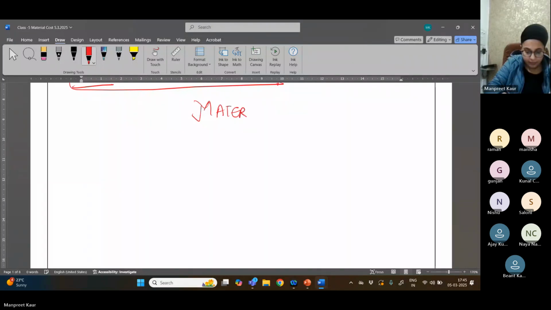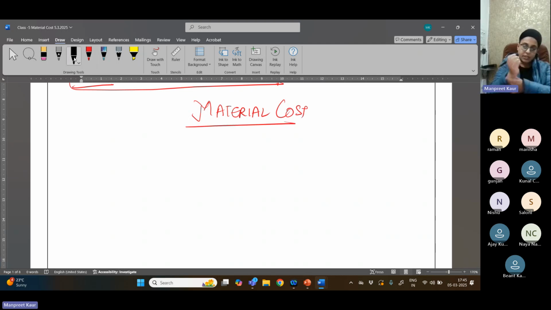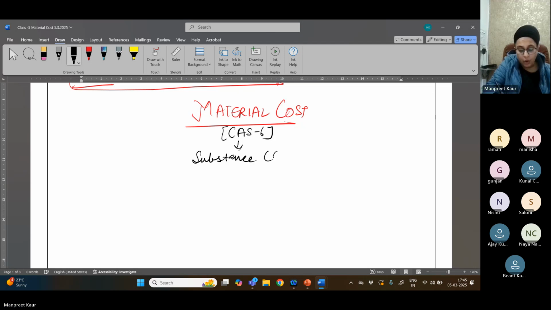Material cost. What does a material mean? According to CAS 6, it is a substance or a commodity in a physical form.